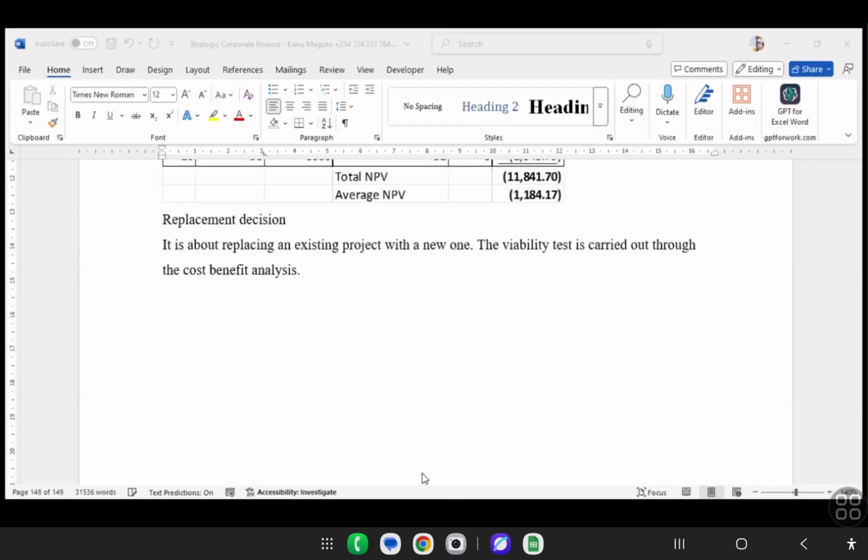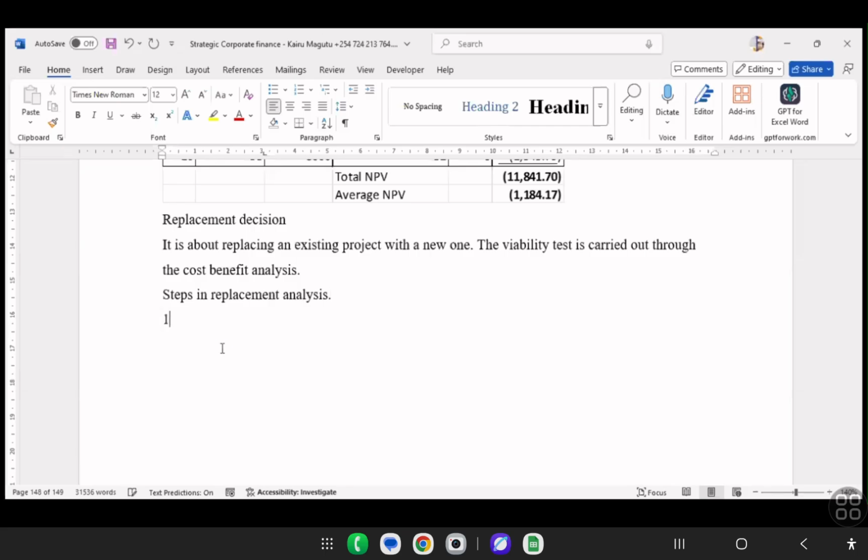So what cash flows do we consider in the evaluation? So we say that steps in replacement analysis. Steps in replacement analysis.